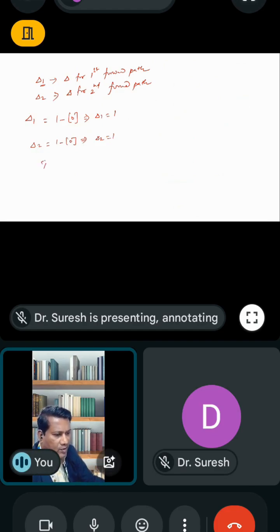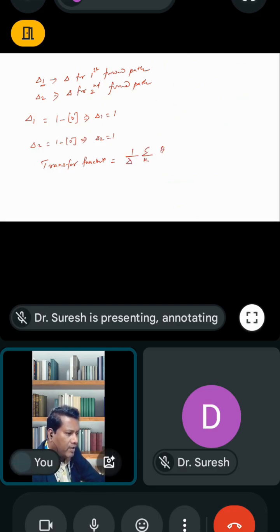Now substitute in Mason's gain formula to find the transfer function. 1 by del, summation of k, pk del k is the general formula. As per our problem, k equal to 2, therefore p1 del 1 plus p2 del 2.